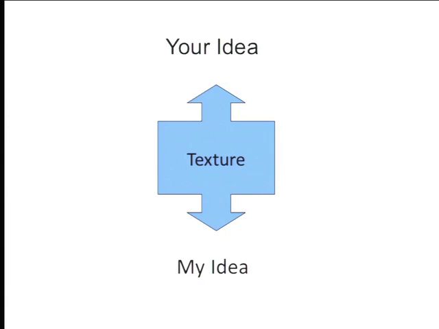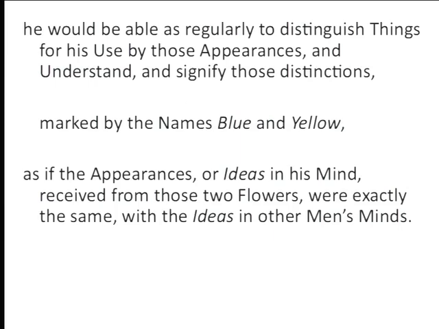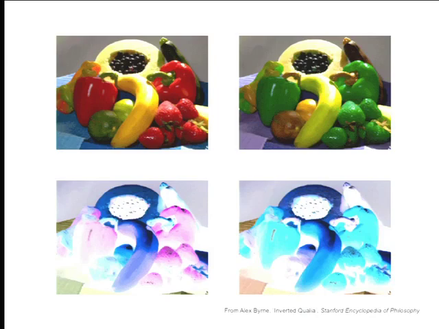So the two of us are able as regularly to distinguish things for our use by those appearances, and understand and signify those distinctions made by the names blue and yellow, as if the appearances or ideas in our minds were exactly the same. So there's no confusion here, even though the ideas are so different.